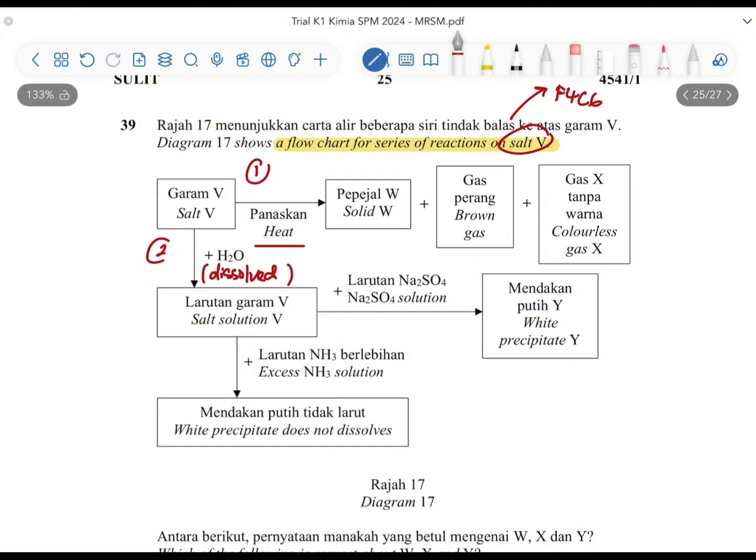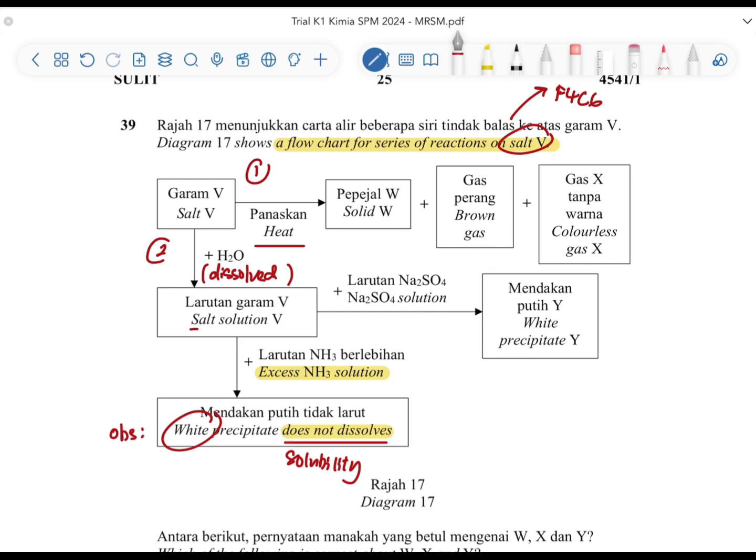Since we get this salt solution V, after that we add excess NH3 solution, which is excess ammonia solution. The observation will be a white precipitate that does not dissolve. It tells us the color, which is white precipitate, and it does not dissolve. So this is for the solubility.